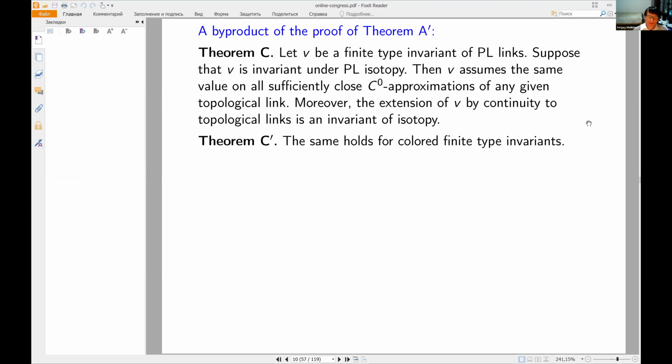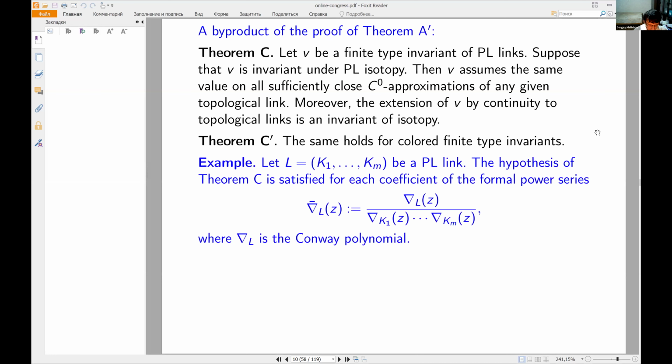And also, you don't have to have a finite type invariant. It's enough if you have a colored finite type invariant which is invariant under PL isotopy. So here are some examples. Let us consider a PL link. Let us divide its Conway polynomial by the Conway polynomials of its components. This quotient is a formal power series whose coefficients are finite type invariants.